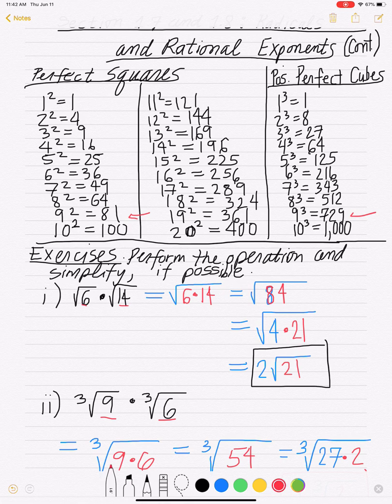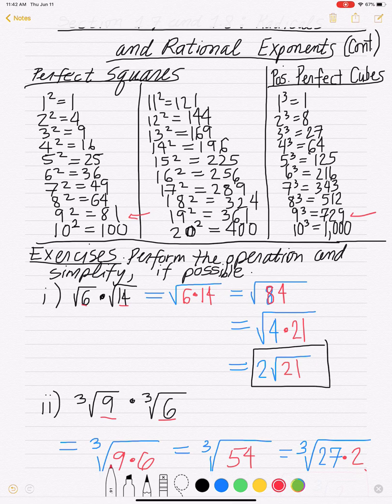So it's not a perfect cube. Are there any factors of negative 750 that are perfect cubes? So you could take negative 750 and try to divide it by 8, by 27, by 64, by 125. You're actually going to find that 750 is divisible by 125.